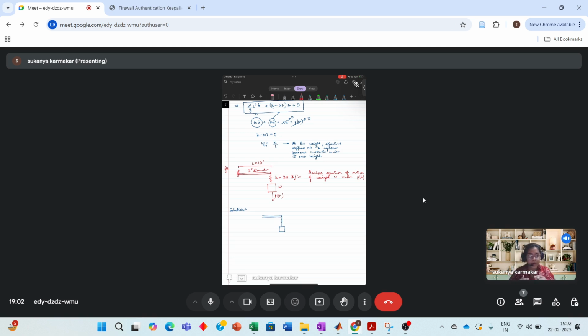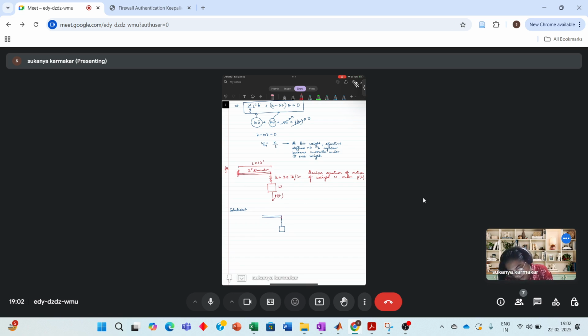Then, if the beam is flexurally rigid, it would not bend under the weight W, there won't be any deflection. Only because of the spring force, the spring will extend itself, and the static deflection due to the weight will not be there.